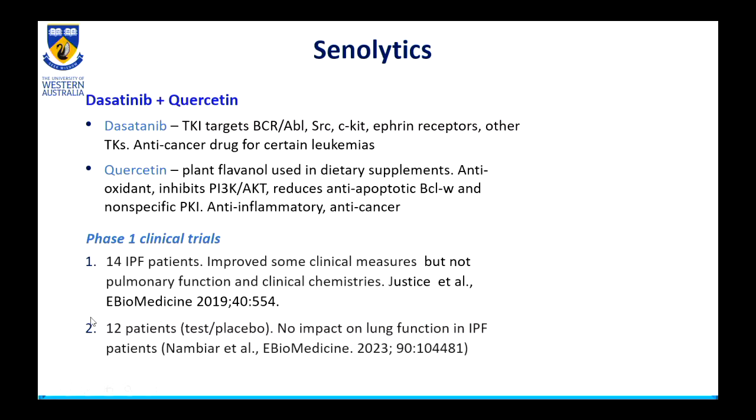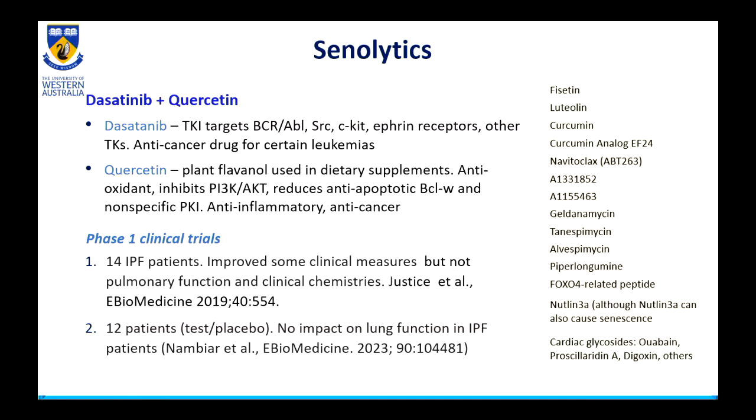In the second trial, we did 12 patients, but this time we used both test and placebo. However, it showed no impact on lung function in IPF patients whatsoever. You've got to be careful not to throw the baby out with the bathwater, because in this case, maybe these aren't the best drugs for IPF.